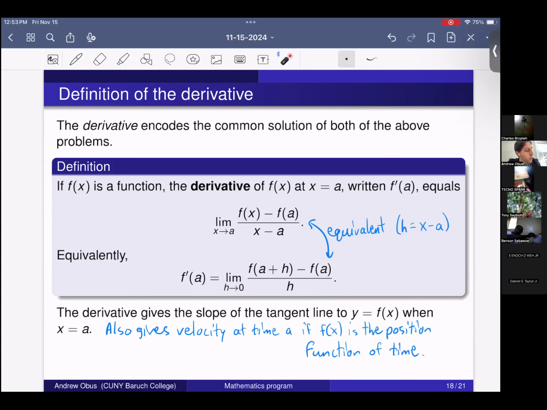Okay? So this limit does the tangent line if you want, and it also does the velocity if you want. And so this is what we mean when we say take the derivative.